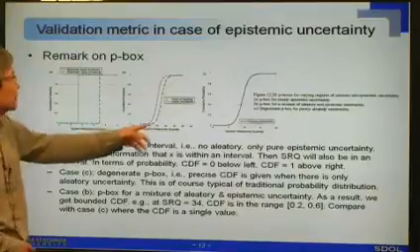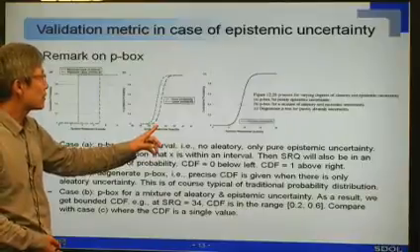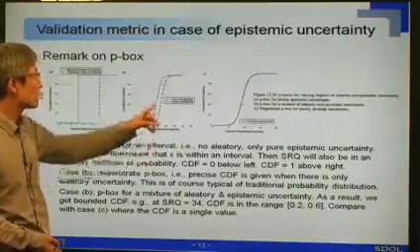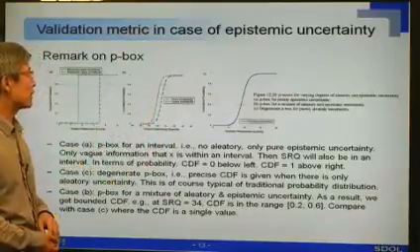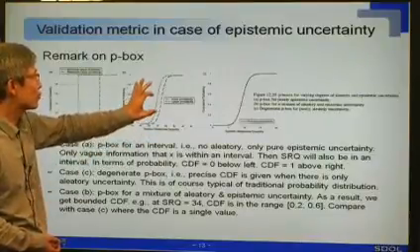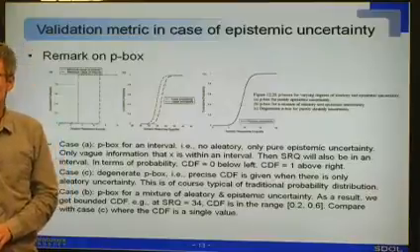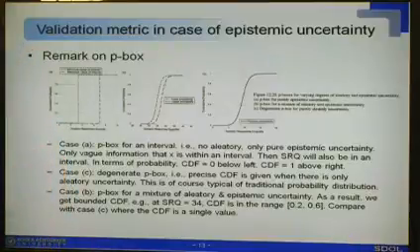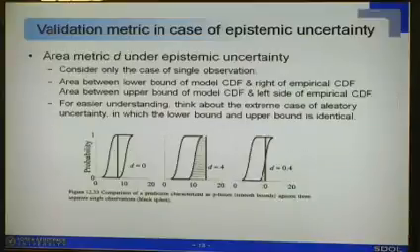So in this case, when at a certain value we'd like to find a CDF value, we don't get a single value. We have a range of CDF values because of the epistemic uncertainty. And the area metric under epistemic uncertainty is the same thing.